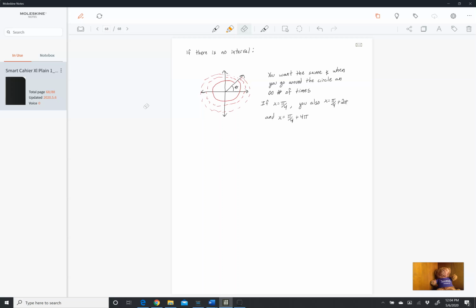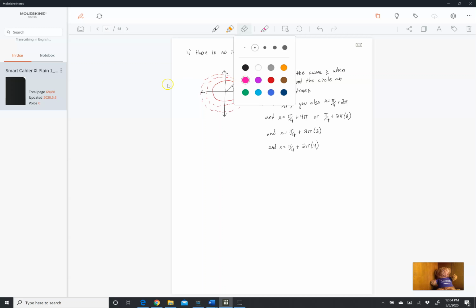Okay, or pi over 4 plus 2 pi a second time. And you want x equals pi over 4 plus 2 pi a third time. And x equals pi over 4 plus 2 pi a fourth time. Okay, so what do we mean by 2 pi times 2? 2 pi times 3, 2 pi times 4, just as an example.